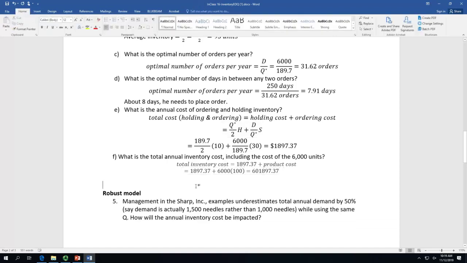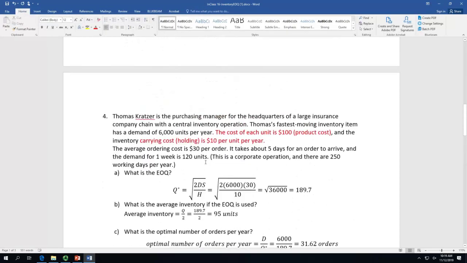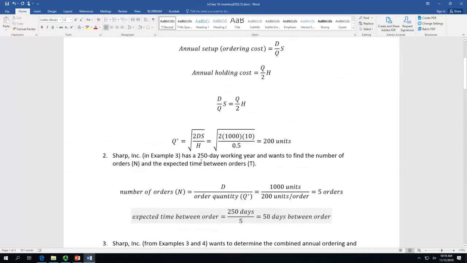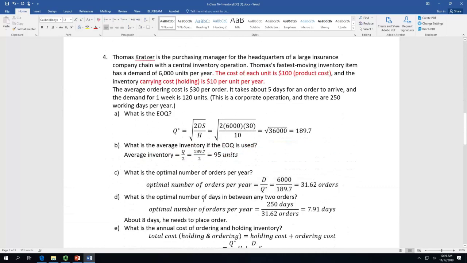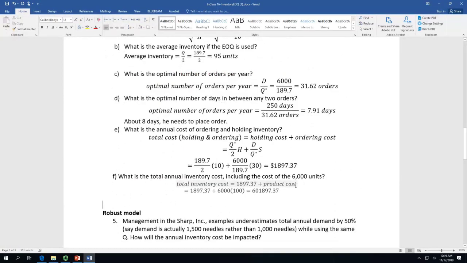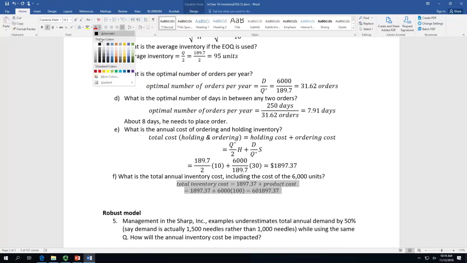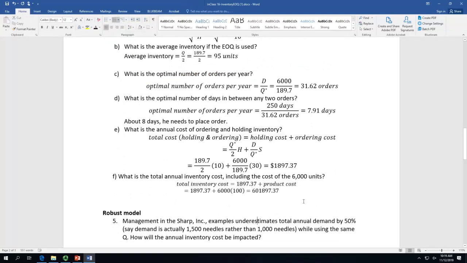This is the repeat calculation of the previous ones, but we add the unit cost, the product cost, in the end to calculate the total inventory cost.